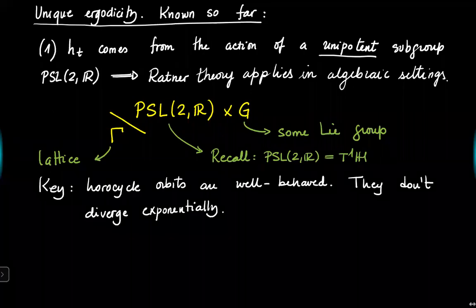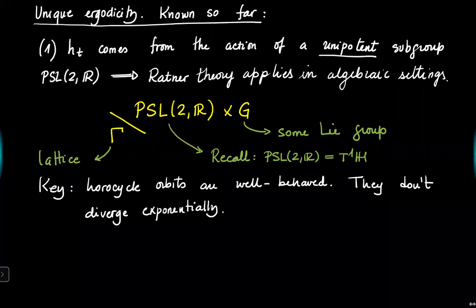And what is key in this setting to establish unique ergodicity is the fact that horocycle orbits are very well behaved. They don't diverge exponentially. So one thing which is key to Ratner's theorem is that if you take two initial conditions which are very close, the first direction along which you'll see them diverge is the direction of the flow, then the direction of the geodesic flow, and then the other directions.